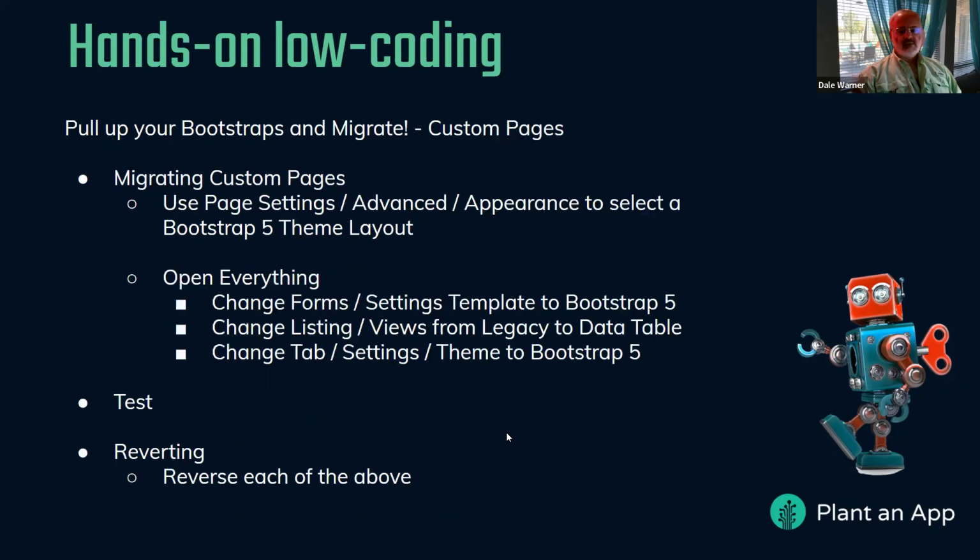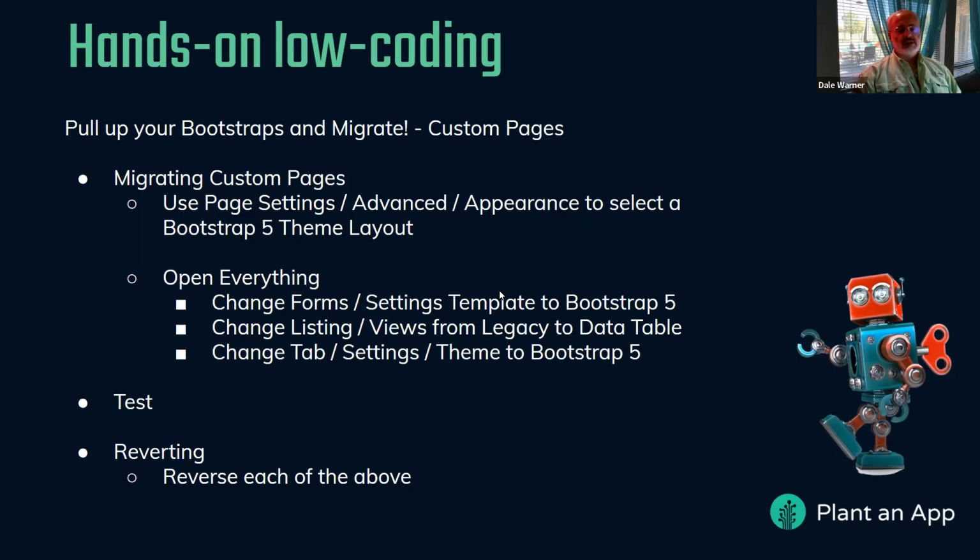And with that, now we can get to the hands-on part, the fun part about this. What we're going to start with is taking a look at some custom pages, and we'll walk through these steps to convert some custom pages that you might have where you have a form, a listing, a tab, or multiples of those things, and you want to convert that to Bootstrap 5, test it out, make sure that everything works as you expect, and then you can either leave it and move on to other pages, or you can revert it.